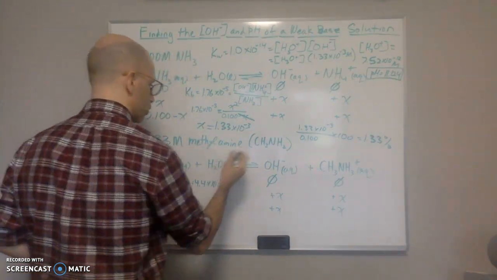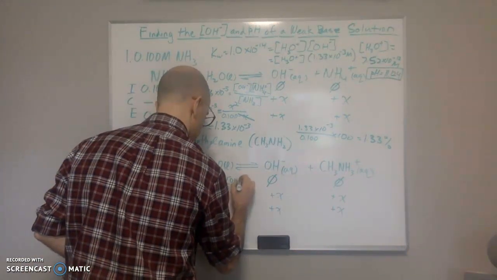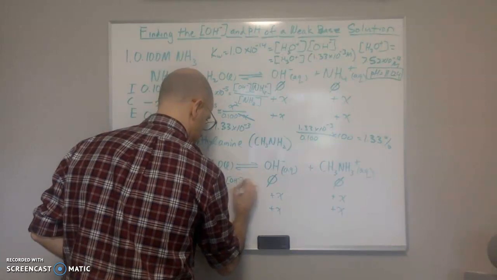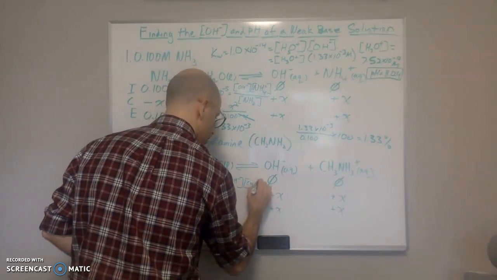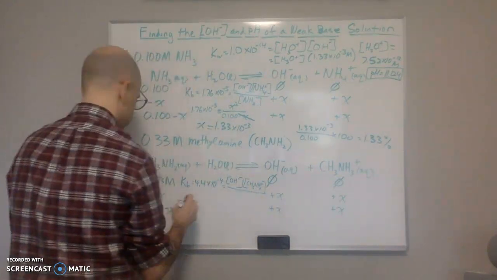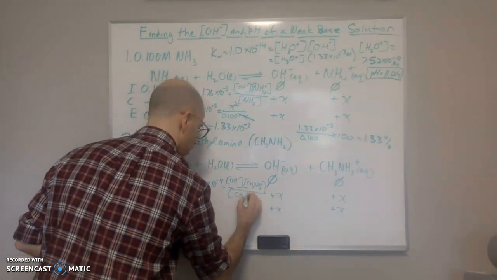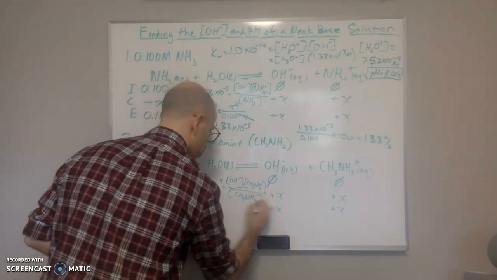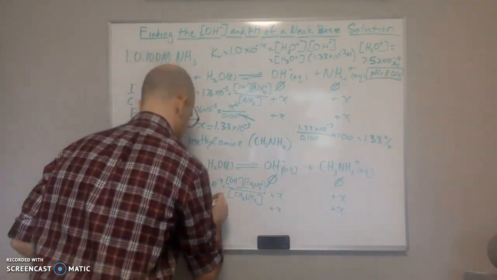That's going to be equal to the concentrations of the products, CH3NH3 plus, over the concentration of our base, which was CH3NH2. Okay, now we plug in the expressions.